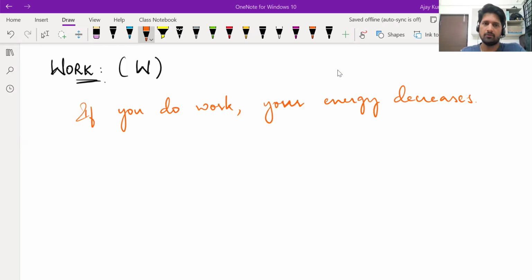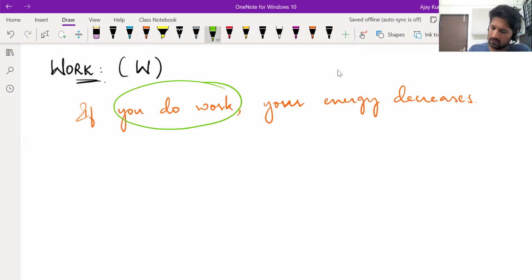It can be transferred from one object to another object also. So your energy is decreasing. Does that mean energy disappeared? No, energy cannot disappear. Energy cannot be destroyed. It means energy got transferred to something else. So understand the meaning of work. If you do work, your energy is decreasing, means energy is getting transferred.